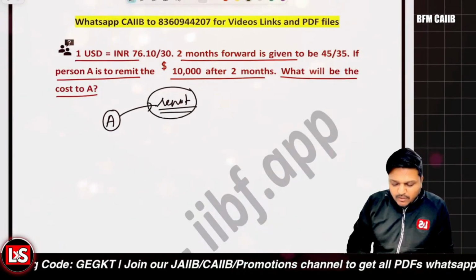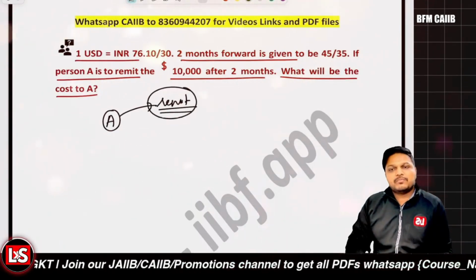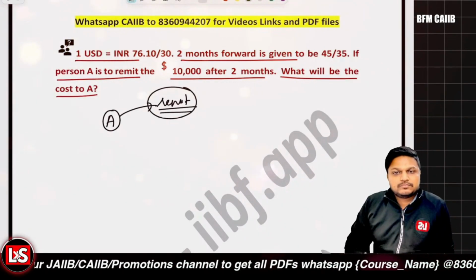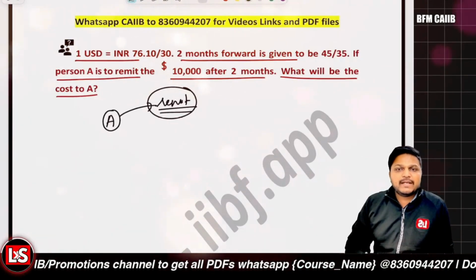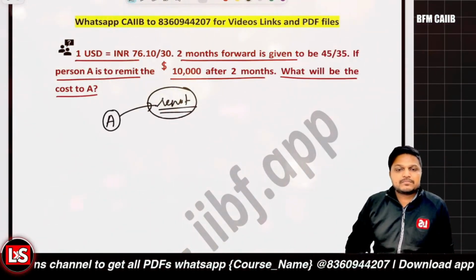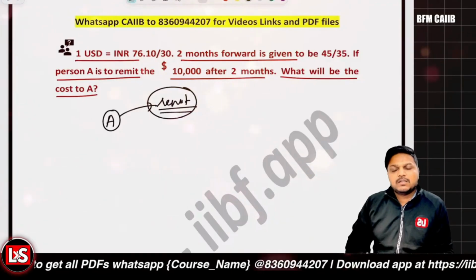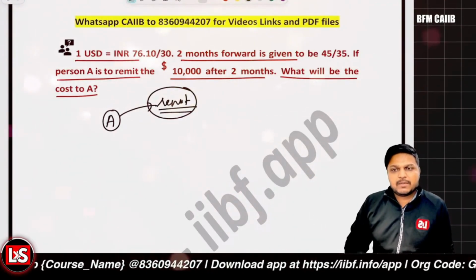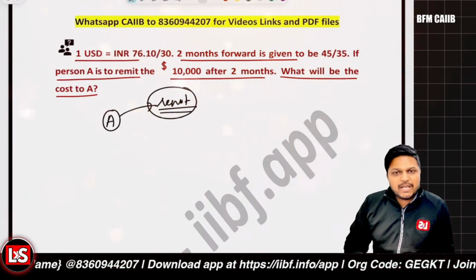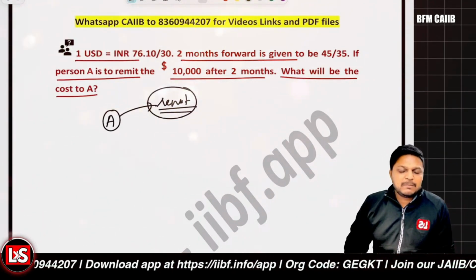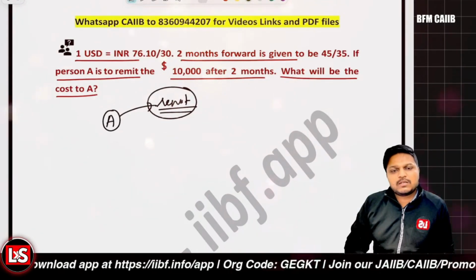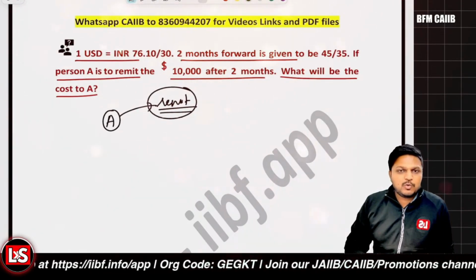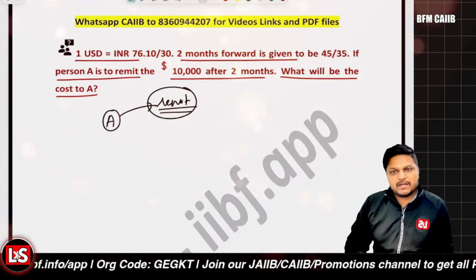You just tell me first of all what rate would be applicable. Will it be the bills rate or the TT rate? Now A wants to remit, but after what time period? Not today. It's after a 2 months period.